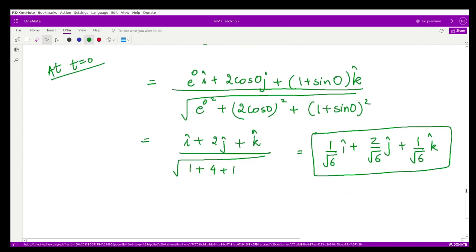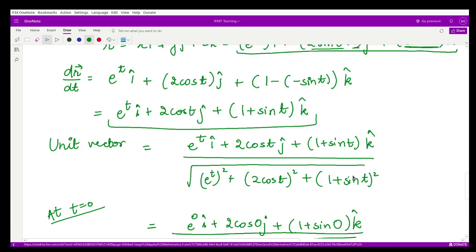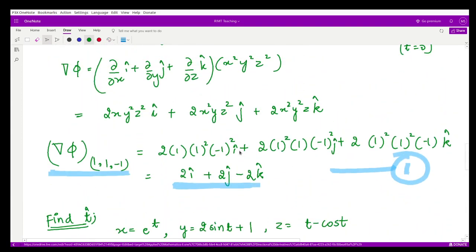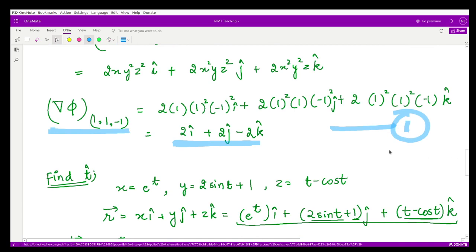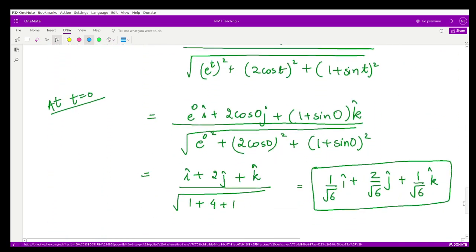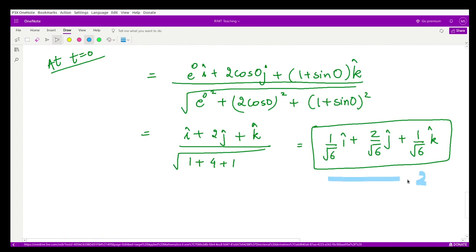Now in order to compute this quantity over here, we have to take the dot product of two vectors. Which one? Okay, so the first vector here is this, which I have labeled by vector 1, and the second is this one, right?